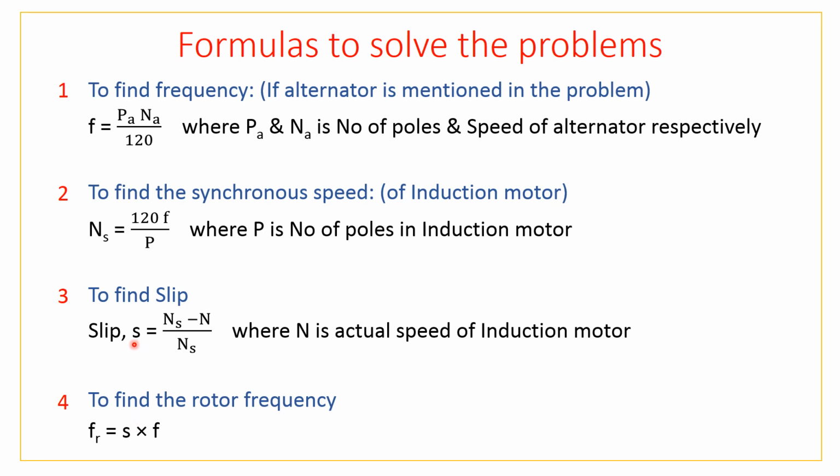This S is nothing but the slip. Once you obtain the slip, you can find the rotor frequency, and f is the stator frequency, which is obtained from the alternator data or the frequency mentioned in the question. So this is how we must find the rotor frequency. Please pause the slide and note down these formulas.